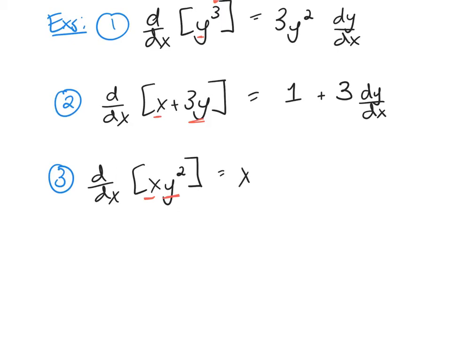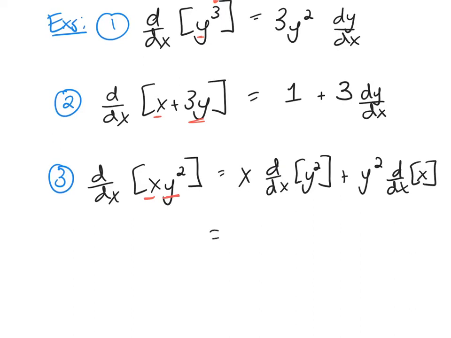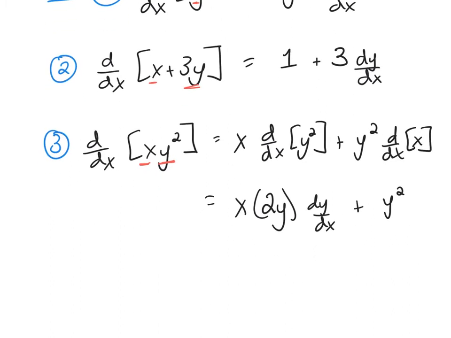Copy the first one down, x, the derivative of y squared, plus copy y squared down, the derivative of x. The derivative of y squared is 2y dy dx, plus y squared, the derivative of x is just 1, so here's my derivative right there.